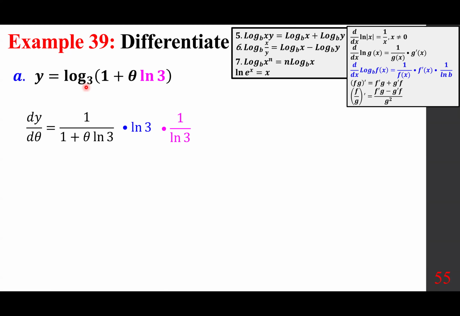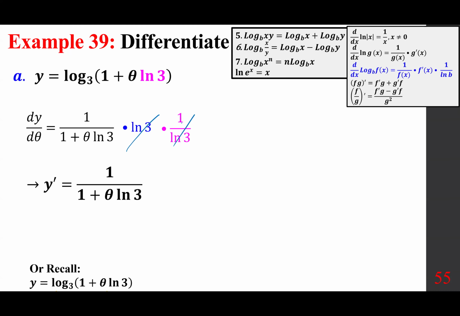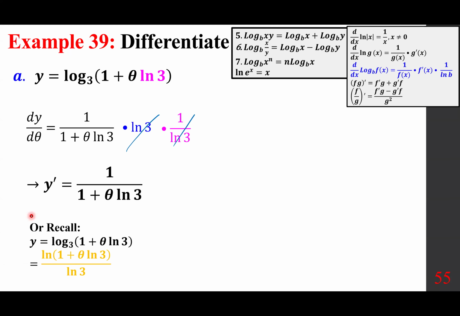Clearly, these cancel each other, and we are done. Y prime is 1 over 1 plus theta ln 3. Just to remind you, also recognize the original function y equals log base 3 of 1 plus theta ln 3 as ln of 1 plus theta ln 3 over ln 3.